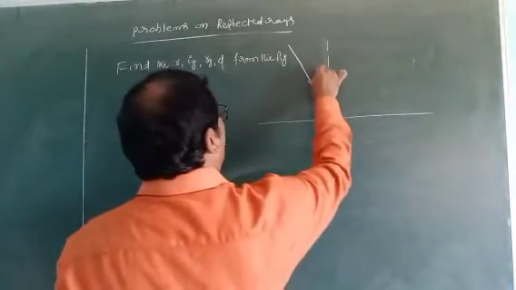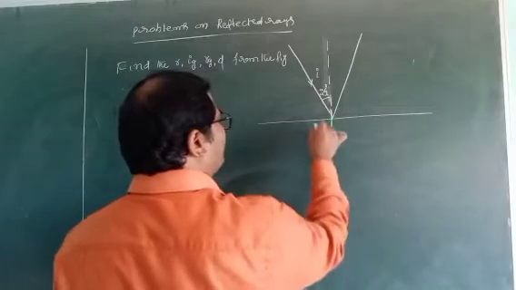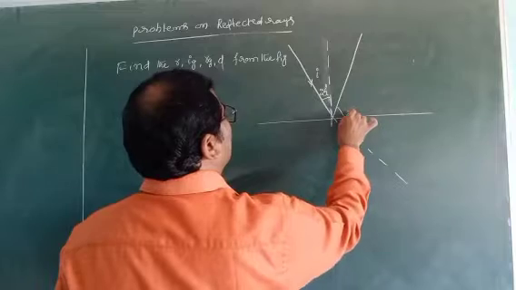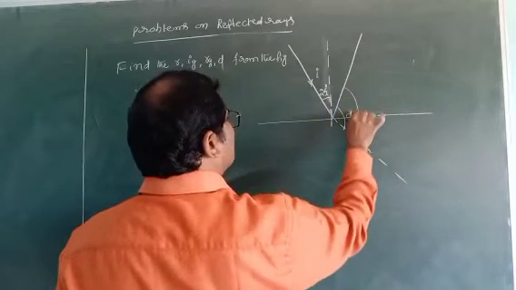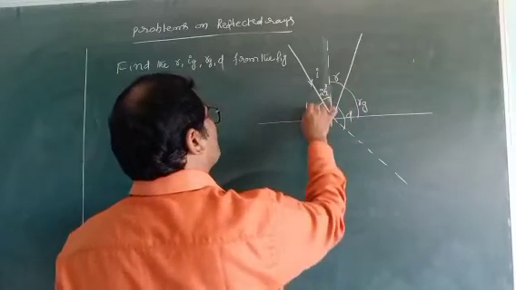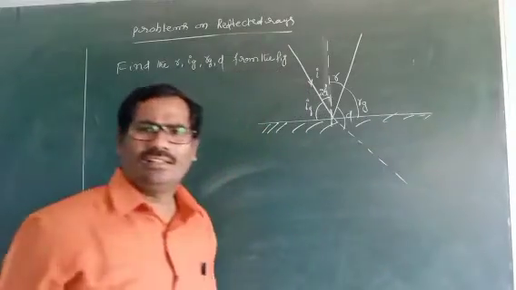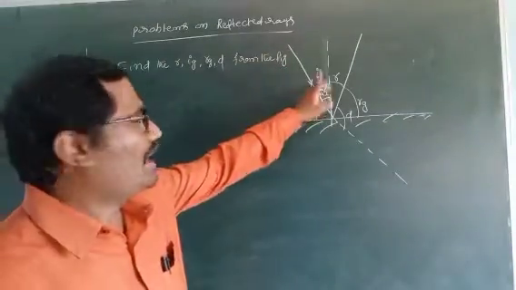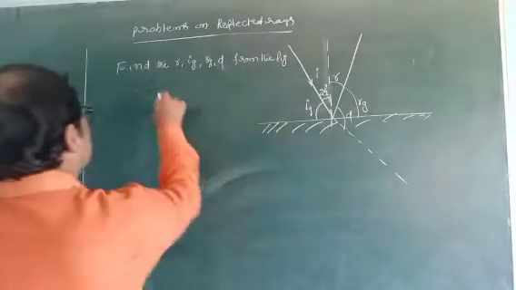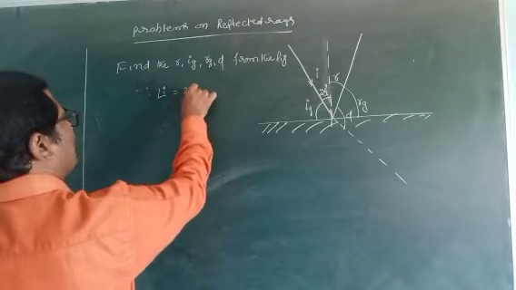Next is the reflection R, and the deviation D. Here the angle of incidence I is equal to 25 degrees. That is the plane mirror.